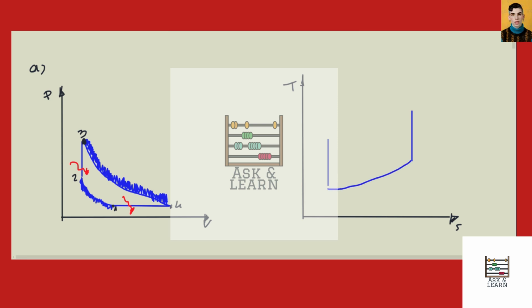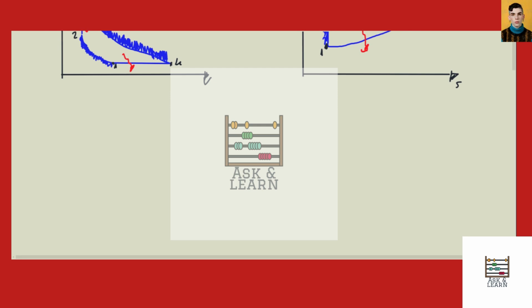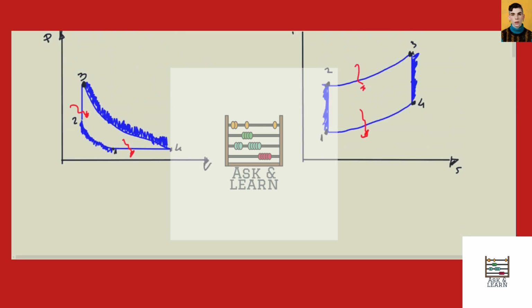So we have our hyperbole here and another hyperbole here. This is the point 1, 2, 3, and 4. And these two verticals are the isentropic transformations. Again, the heat enters here and leaves here. Well, this is item A of this problem.